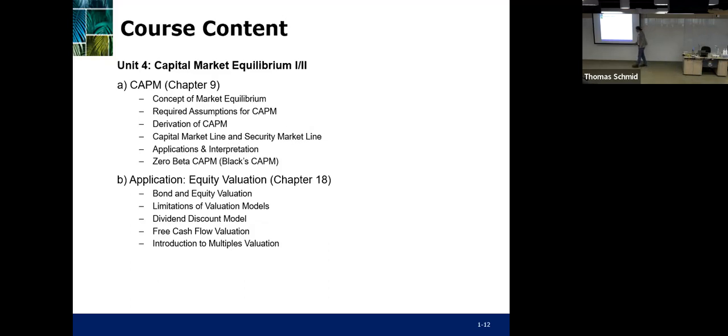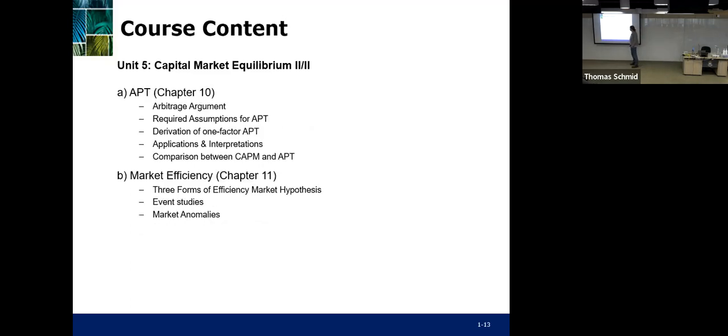Okay? So we will apply it, and we will talk a bit about equity valuation. We will extend that, or we will talk about the second class of asset pricing models, which is called the arbitrage pricing theory, and we will talk about market efficiency. Okay? So market efficiency meaning how well do markets incorporate information.